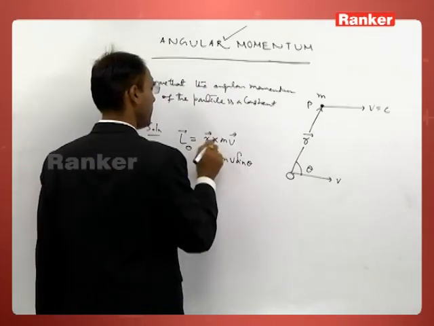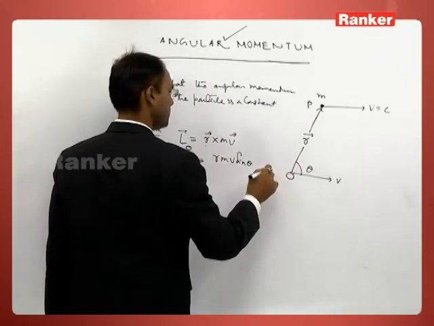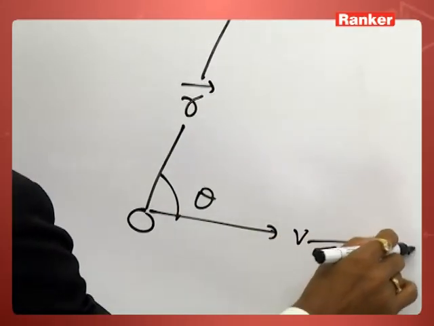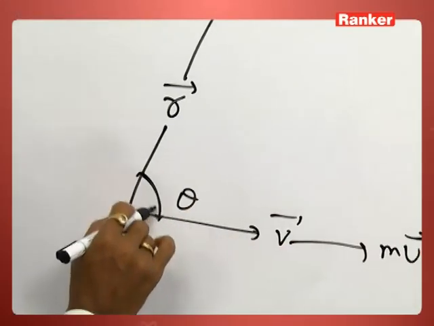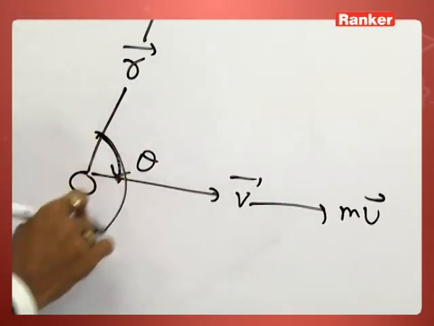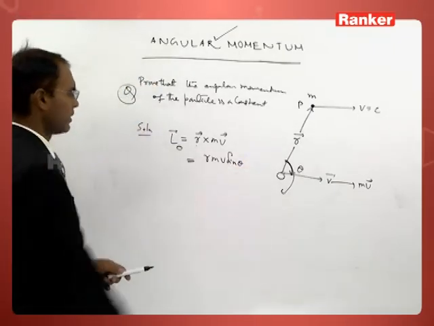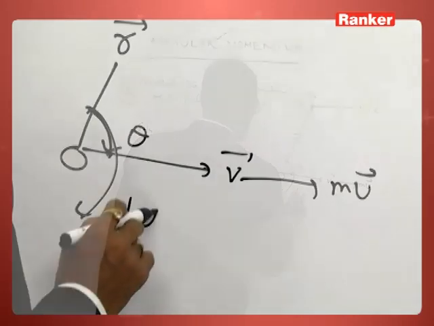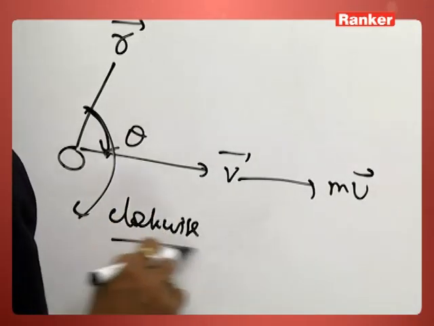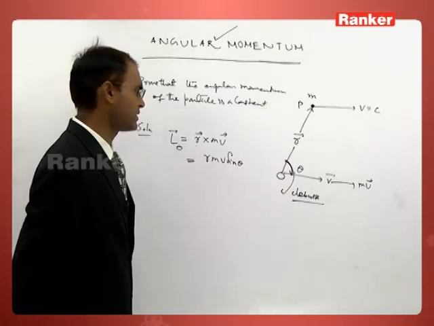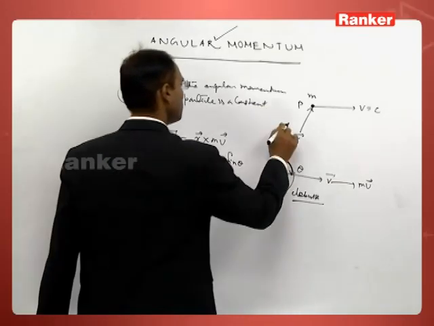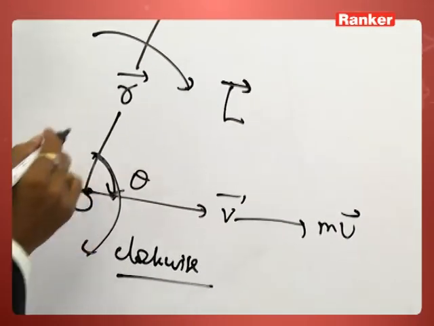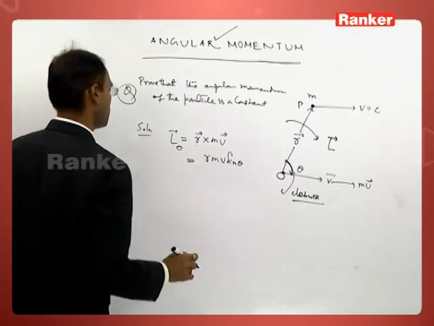This is A, this is B, A cross B, r cross mv. So the angle gives a sense of clockwise direction. The angle moves in a clockwise sense. Therefore, the angular momentum of the point mass with respect to this reference point is clockwise.